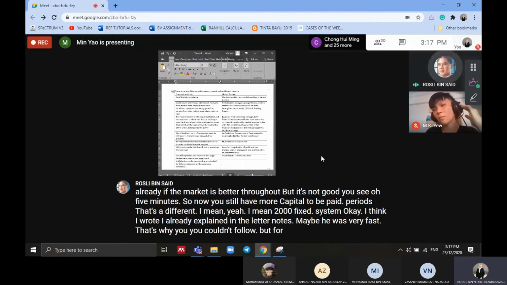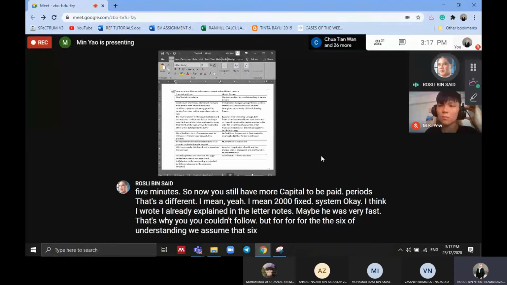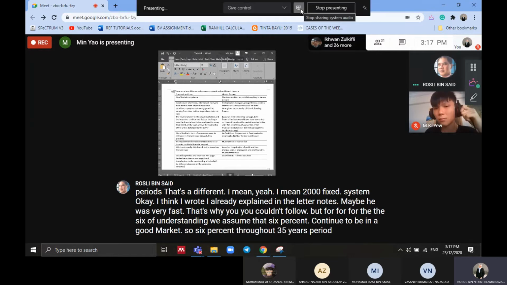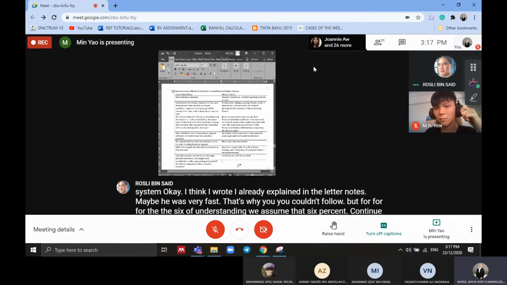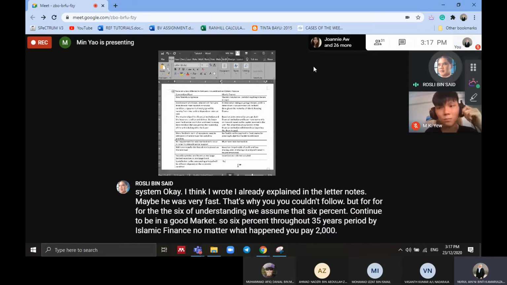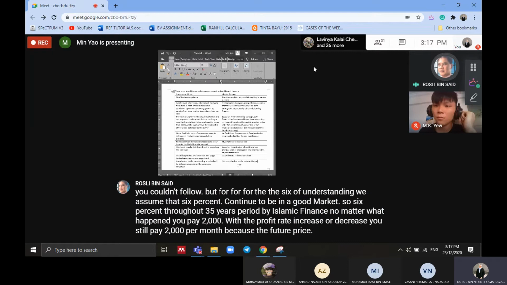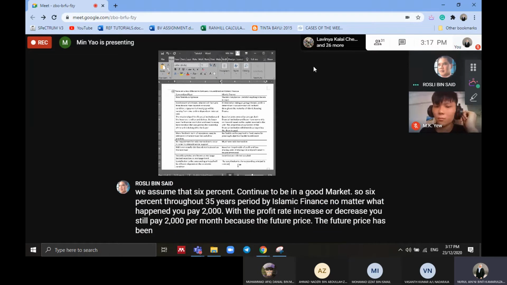But for the sake of understanding, we assume that 6% continues in a good market, so 6% throughout the 35 years period. But in Islamic finance, no matter what happened, you pay 2,000. Whether the profit rate increases or decreases, you still pay 2,000 per month because the future price has been determined.